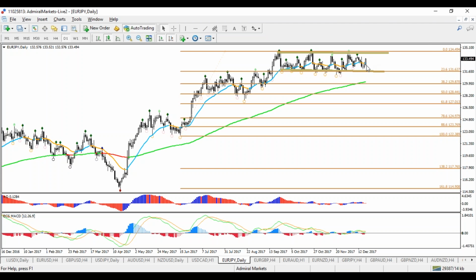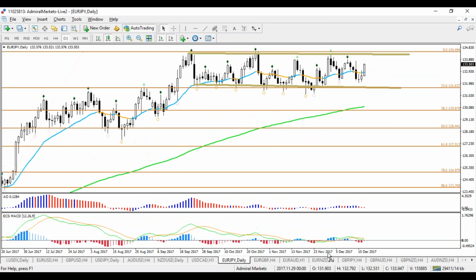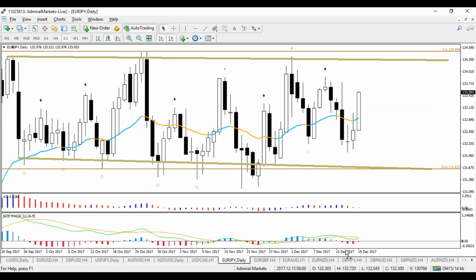Whether it's going to break now, as price is approaching that resistance level or zone, is always a question mark. We can always keep an eye on these daily candles, right? As they approach this zone, let's zoom in all the way. Keep an eye on this daily candle.